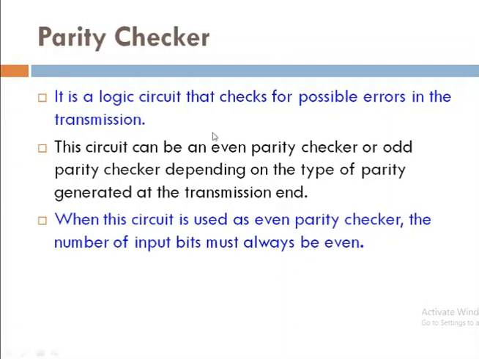When this circuit is used as an even parity checker, the number of input bits must be even. So in the data stream we are checking for the even parity checker, the data stream must have an even number of ones. If an even number of ones is present, then we can say there is no error. But if it is an odd number of ones, then we can say there is an error.